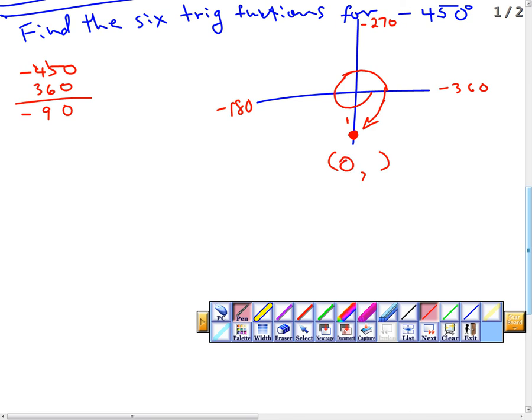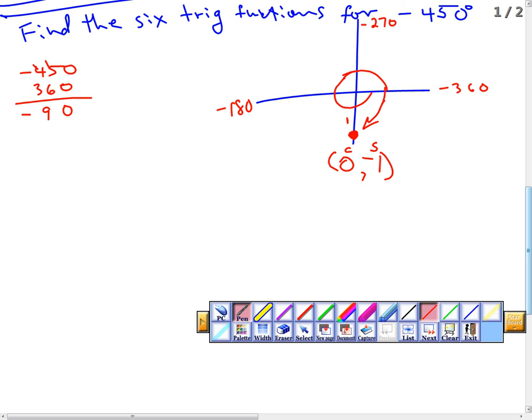All right, good. And so it's y in the negative direction, so that has to be negative 1, right? Because all our values are in the unit circle, so our radius here is 1. So here's our cosine and sine, right?